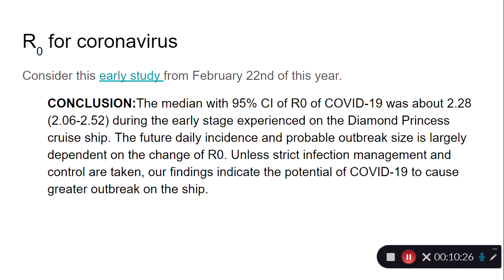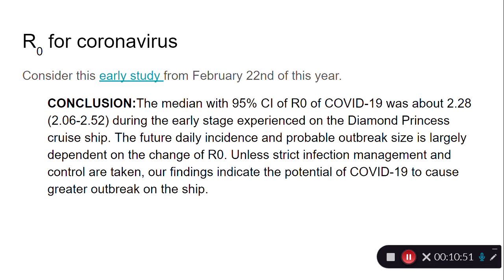The median, with 95% confidence interval, that's what CI means, of R naught of COVID-19 was about 2.28. Meaning that in 95% of these scenarios, you would expect this to be the median, because what we're doing is sampling.